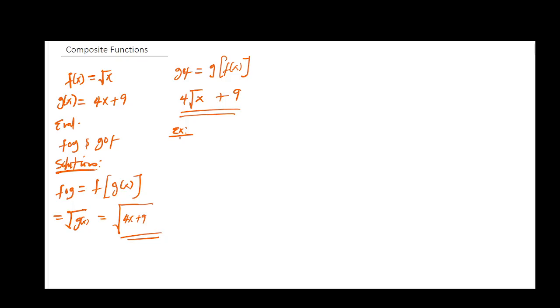Let's take a quadratic function or a polynomial. Let us have that our f of x is equal to the exponential function, and g of x is 3x squared plus 2.